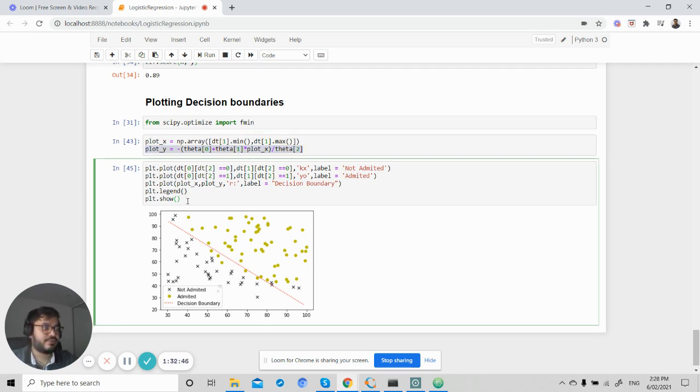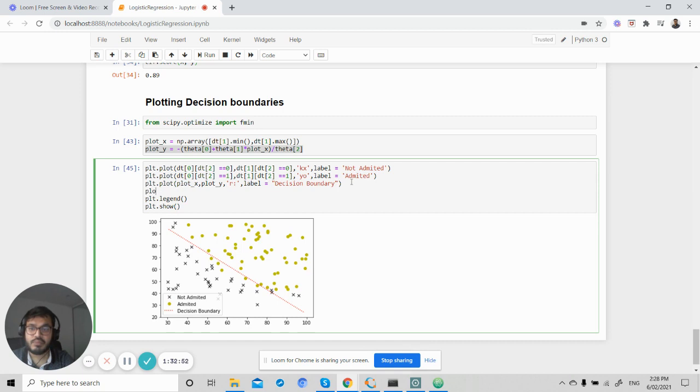So let's check one example. Suppose we do a plot and add 55 comma 85, and let's say that is shown by rx.